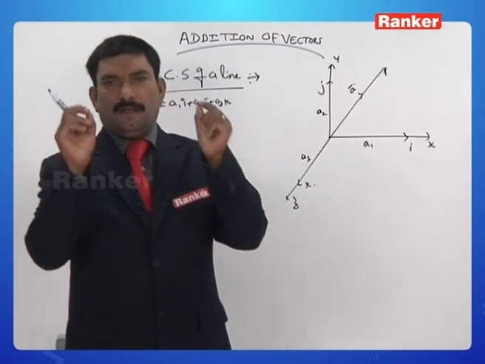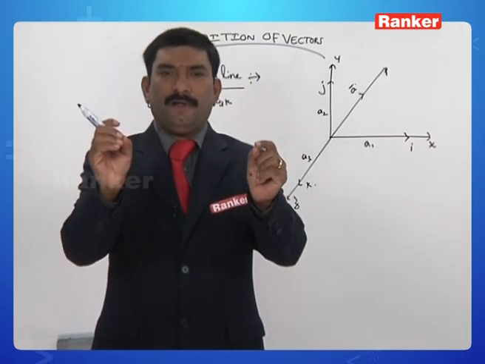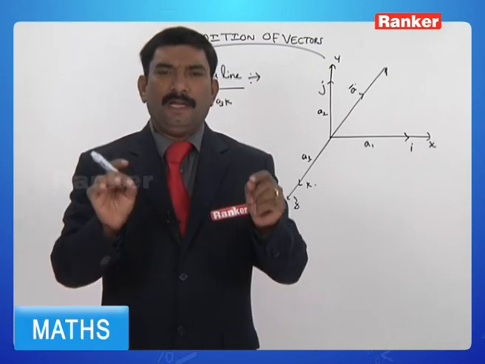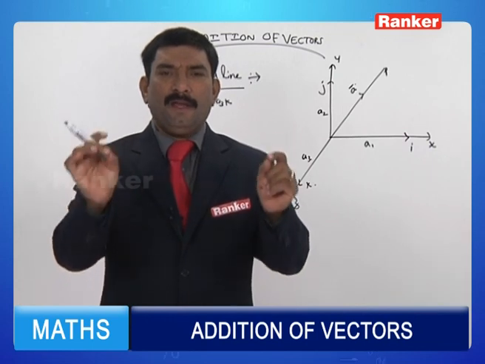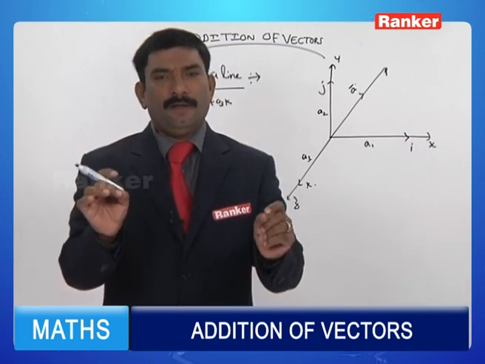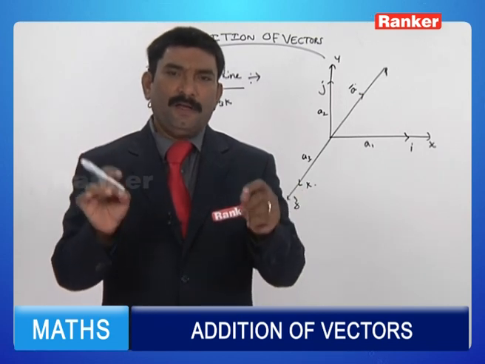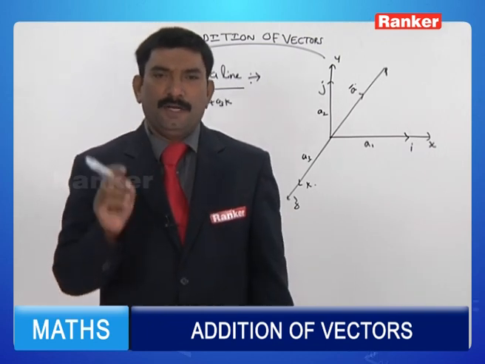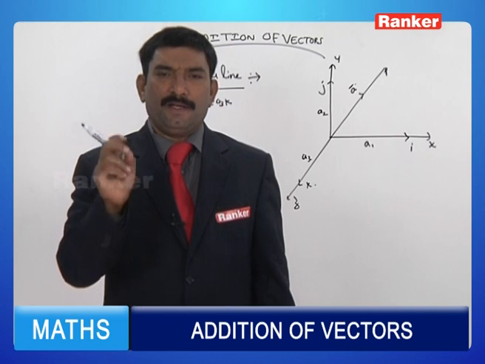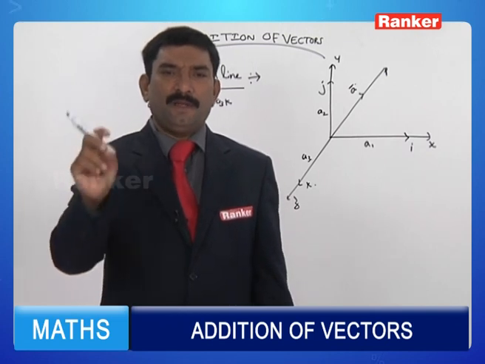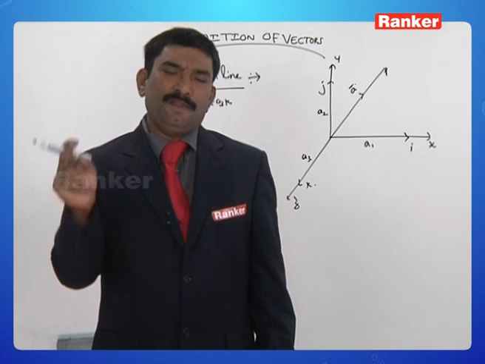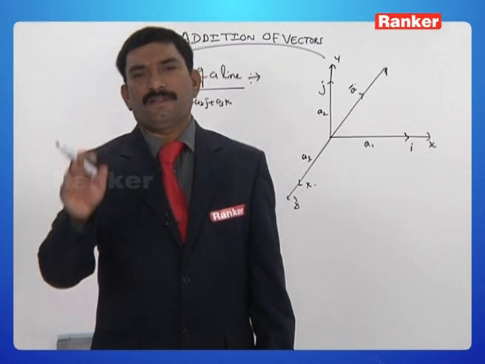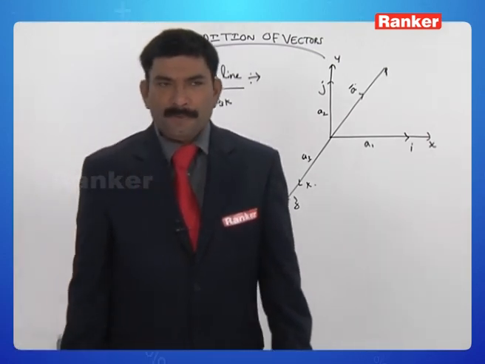Let alpha, beta and gamma be the angles made by the line or ray OP bar, represented with the vector A bar. I mean, let alpha, beta and gamma be the angles made by the vector A bar with the positive direction of the x, y and z axes respectively.